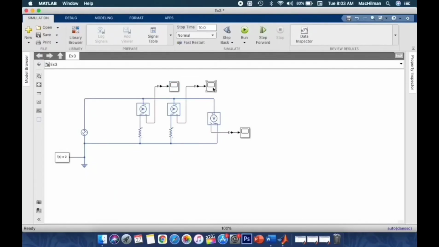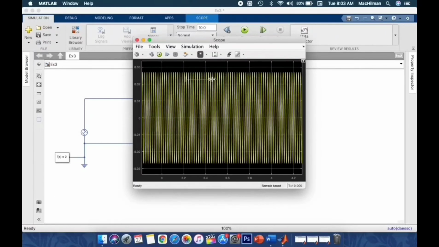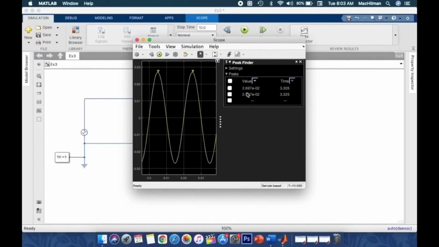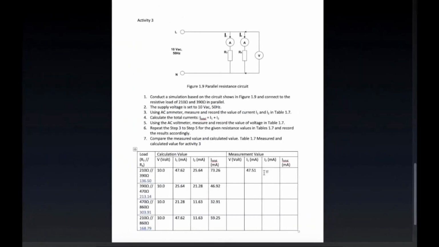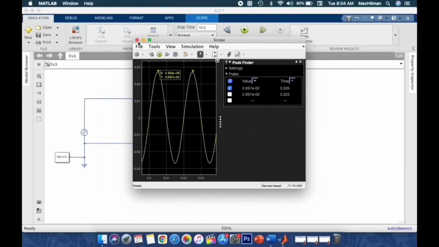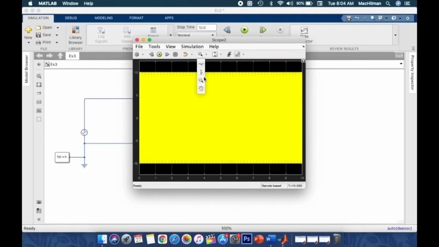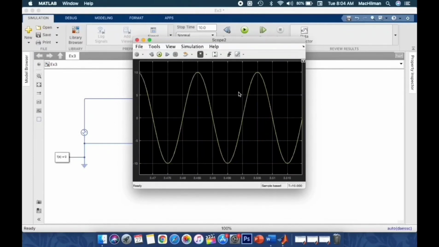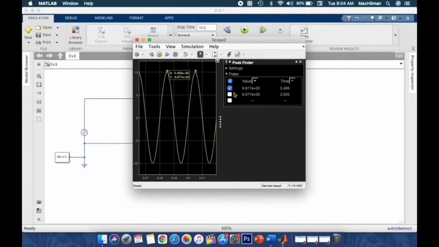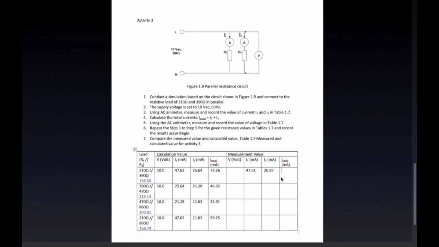And now our second current. And we get 26.97. And now we measure our voltage. Get 10 volt.